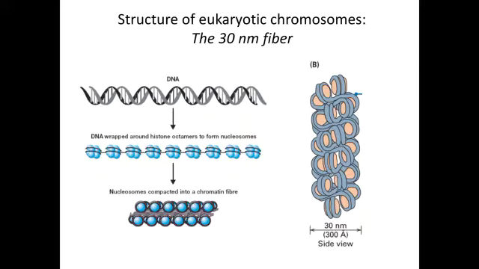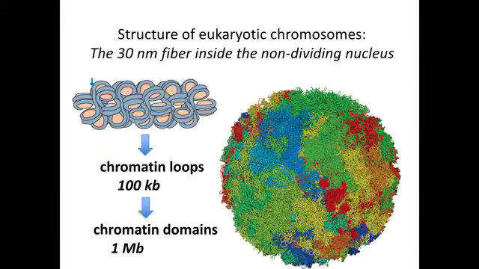Now, at a higher scale, the 30 nanometer fiber forms looping structures, which we're not going to get too much into, but then will form larger chromatin domains. And this is a computer model for how we believe the chromosomes are structured within the nucleus during that stage of diffuse blue, what I showed in the first slide in today's lecture.